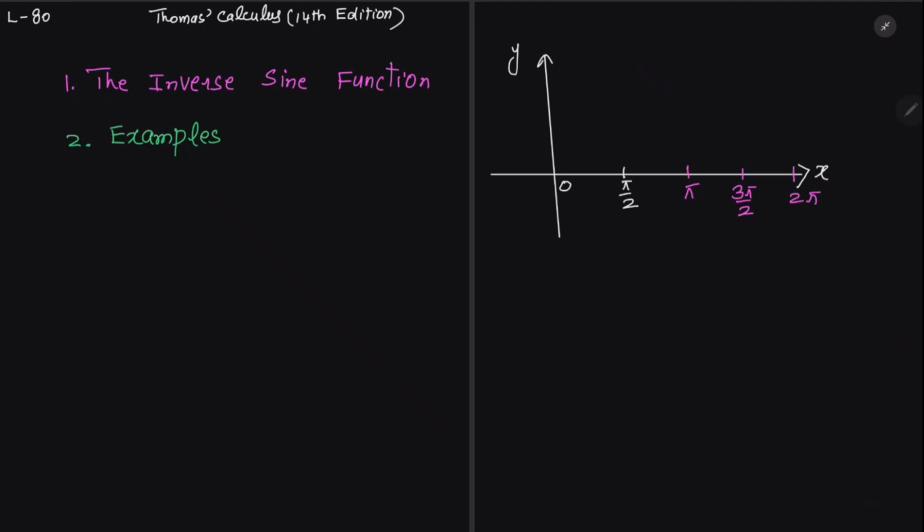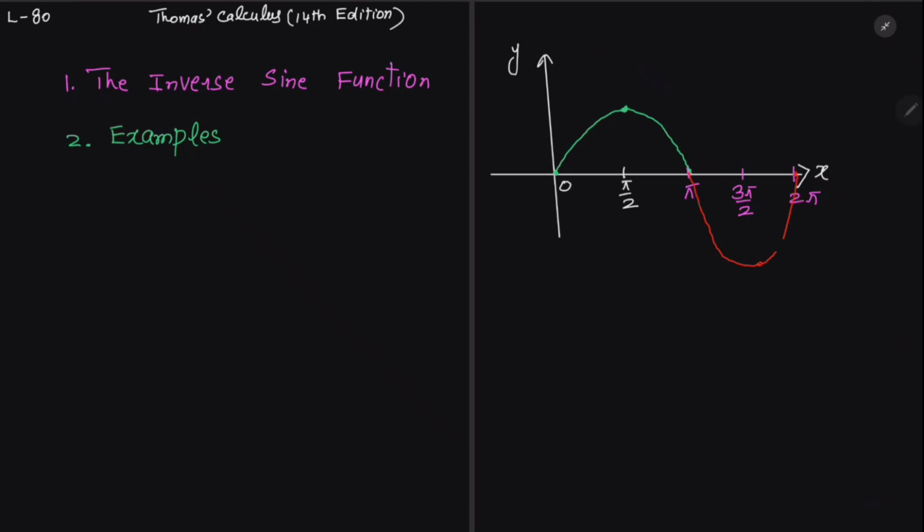So we can see that when we plot that, sine 0 is 0, sine pi by 2 is 1, sine pi is 0, and then we have sine 3 pi by 2 is minus 1, and then we have sine 2 pi, which is 0.